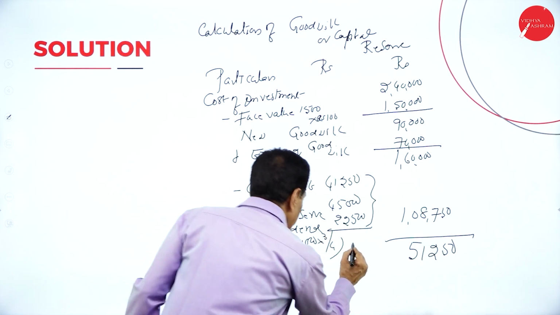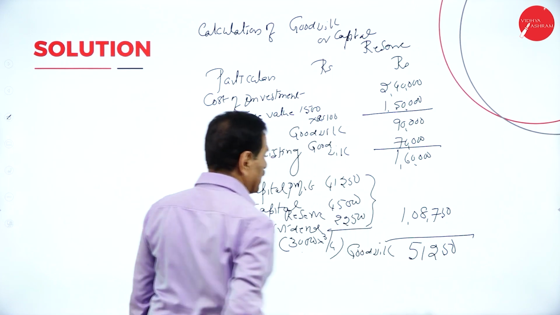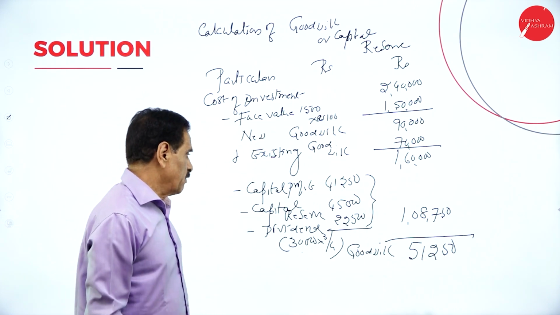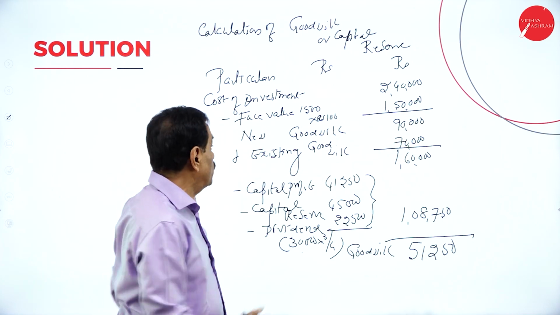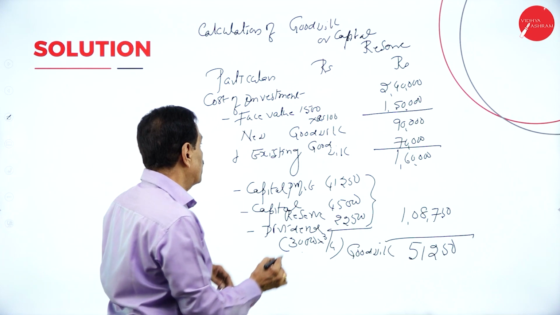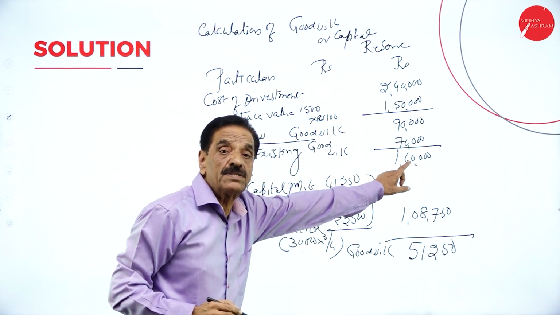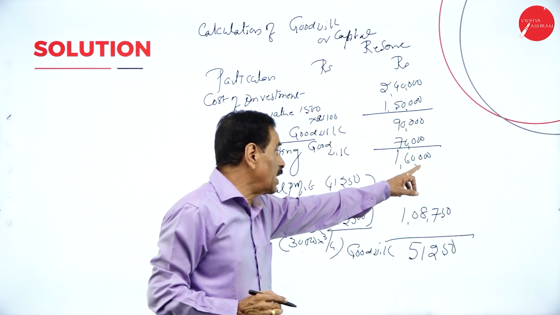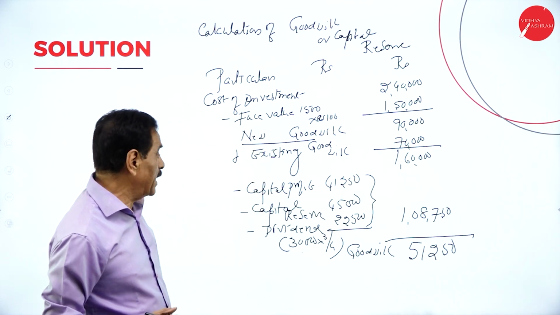This is the goodwill, which will appear on the asset side of the balance sheet, 51,250. So the cost of investment is 2,40,000. Real value is only 1,50,000. New goodwill works out to 90,000. Existing goodwill is 70,000. It becomes 1,60,000. Capital profit is 41,250 as per calculation.